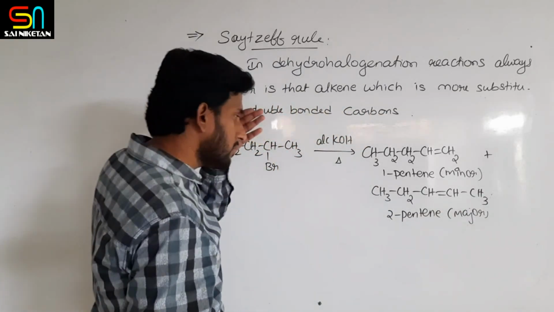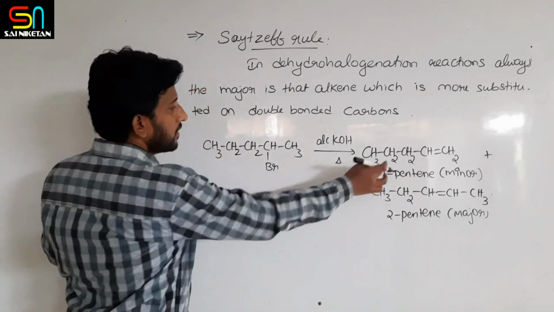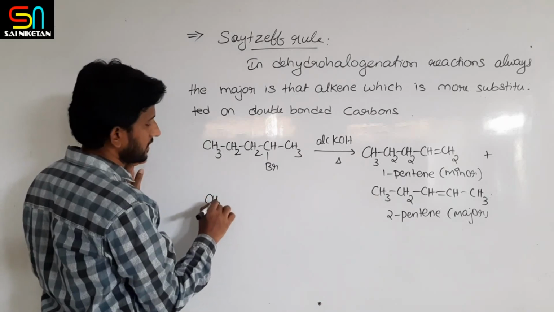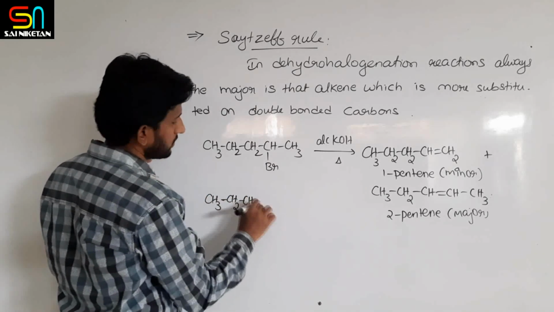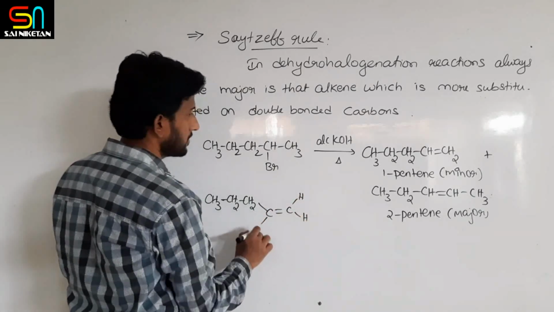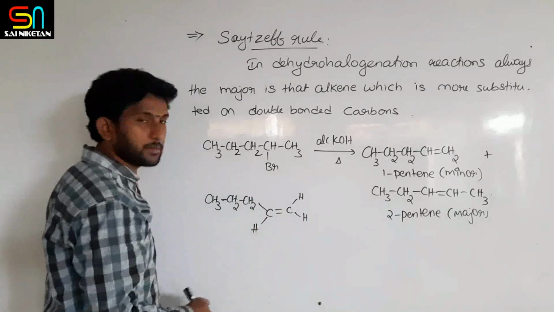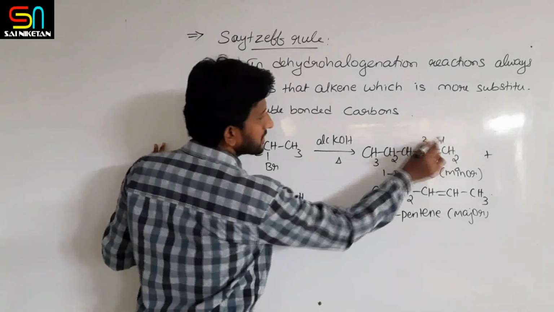Now why is 2-pentene major product? According to the rule, if you observe, 1-pentene, if I draw the structure like this, I will get CH3, CH2, CH2, CH double bond CH2. This is the structure of 1-pentene, right? So here, this is first carbon, this is second carbon.